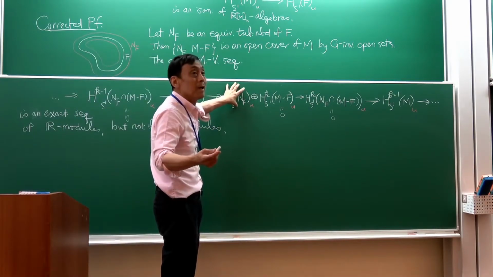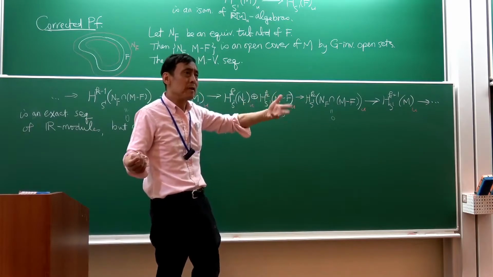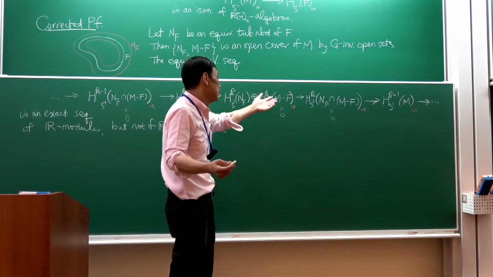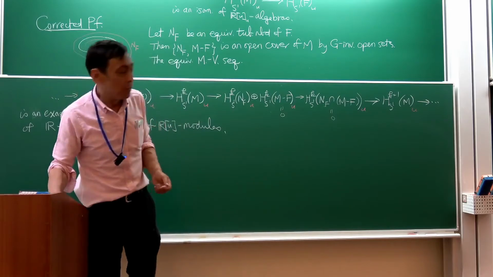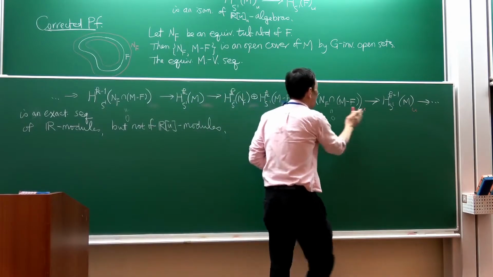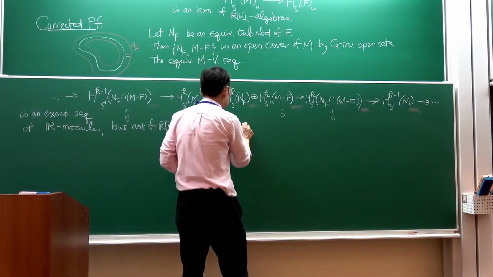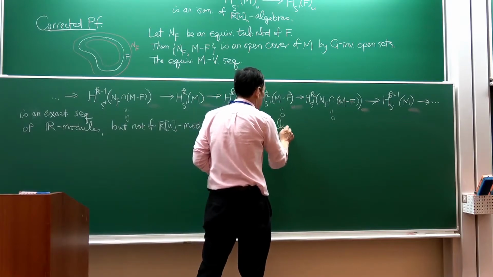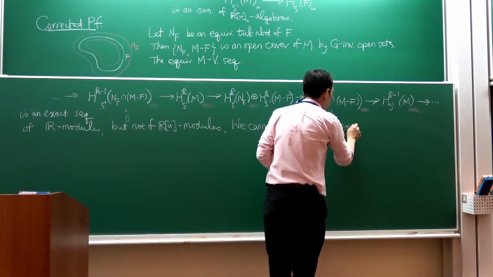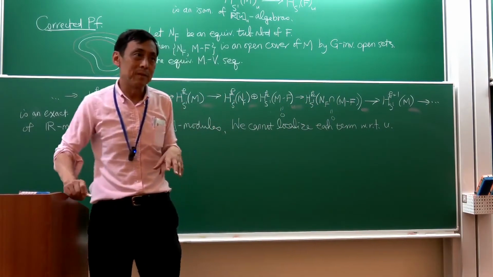So it doesn't stay in this piece. Each piece is an R module, but it's not an R(U) module. You can't multiply by U. If it's not an R(U) module, then you can't localize with respect to U. So you can't do this. We can't localize each term with respect to U, because it's not an R(U) module.